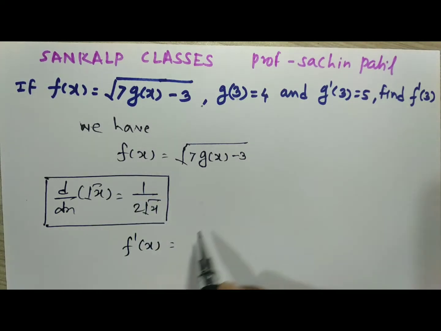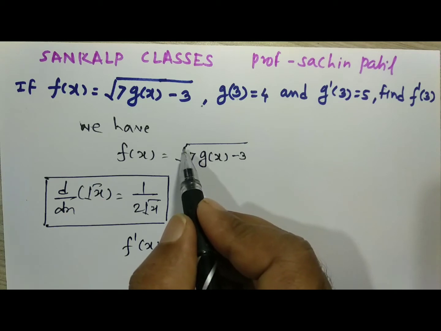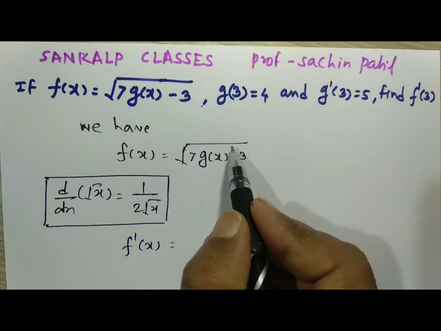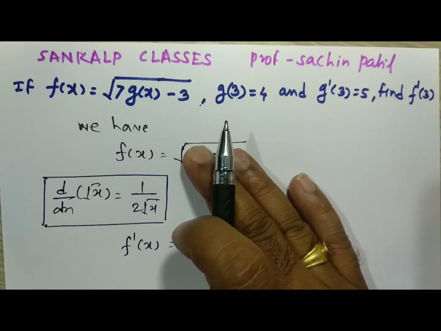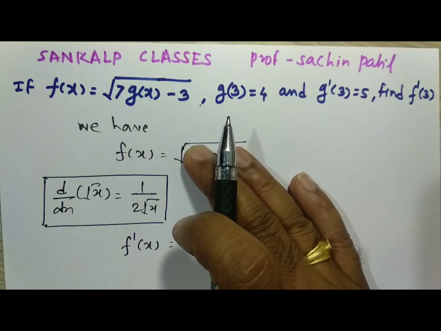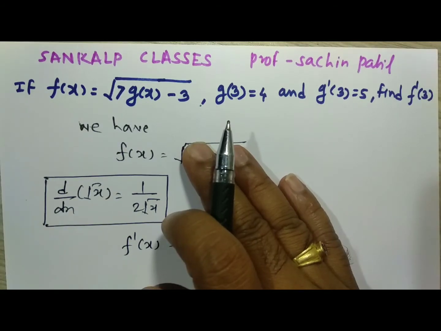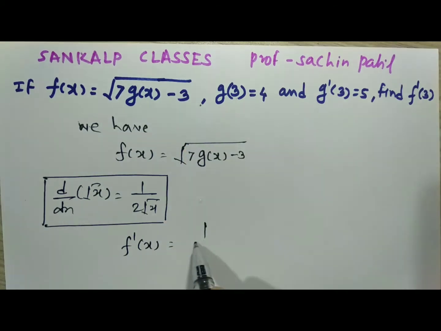First of all we have to carry out the derivative of the root, so you can cover the expression inside the root with your fingers, and the derivative of root is 1 divided by 2 root, so f dash x is equal to 1 divided by 2 root of 7g of x minus 3.